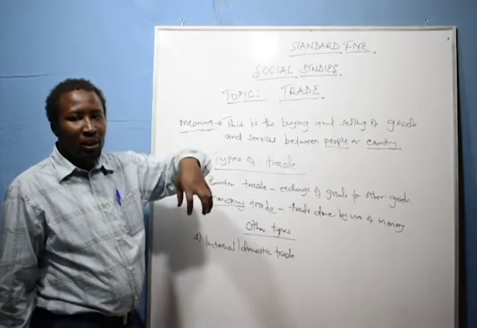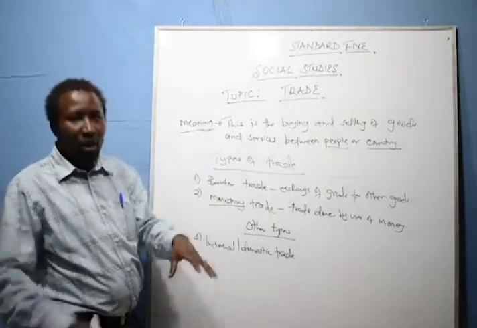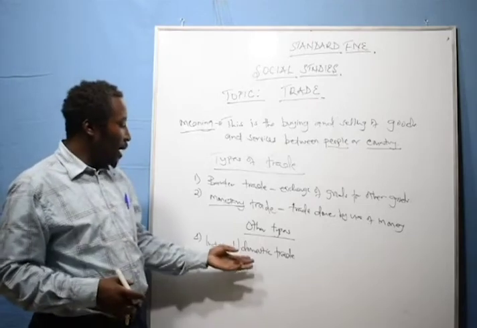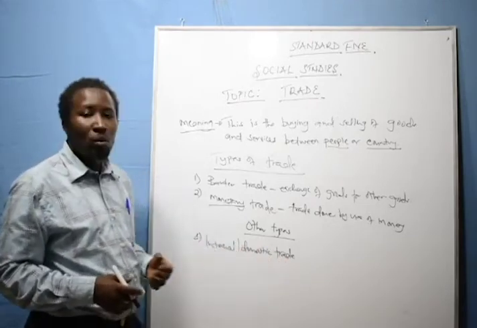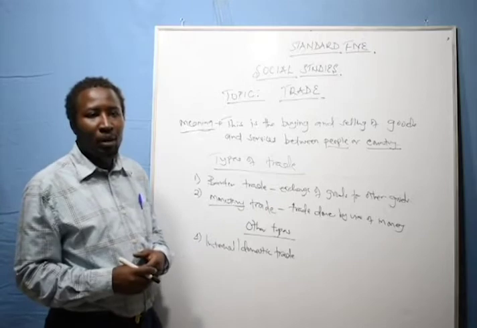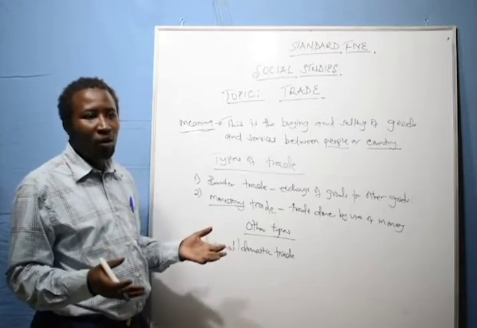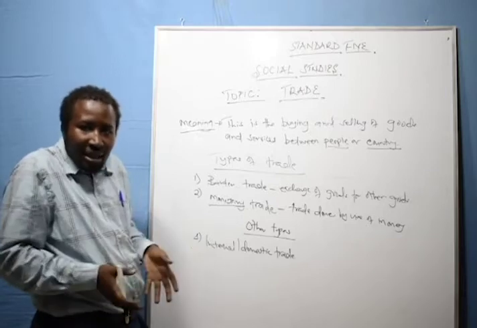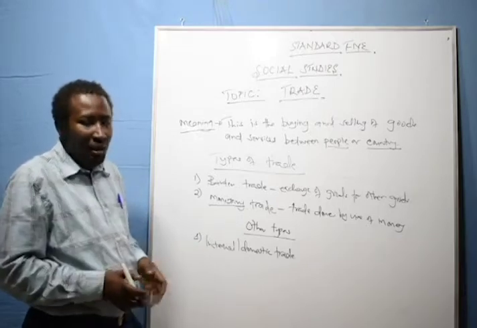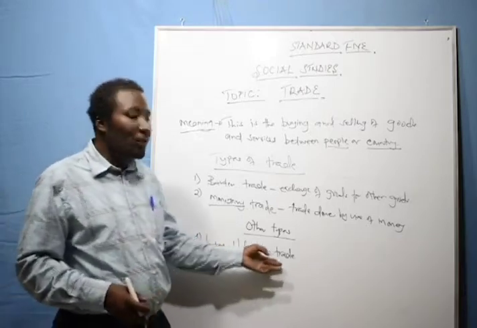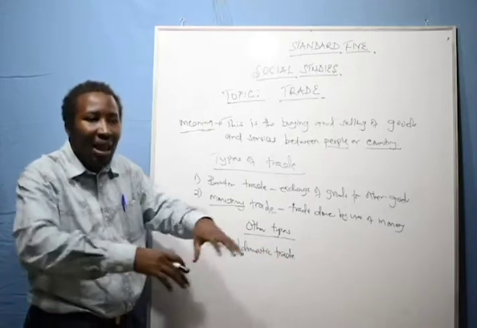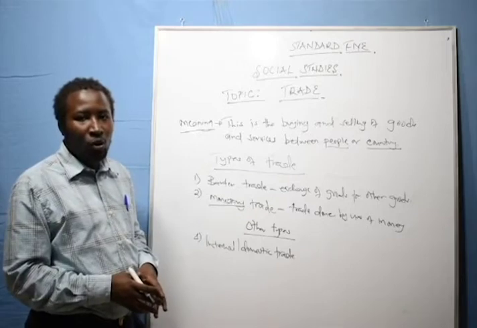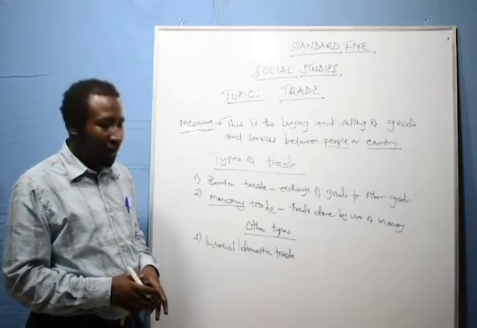Another name is domestic. What do you mean by domestic? For example, domestic animals are animals that we keep at home, just within you. So we talk about internal or domestic trade. It's trade within ourselves, within a country, within people. That is what we call domestic trade.